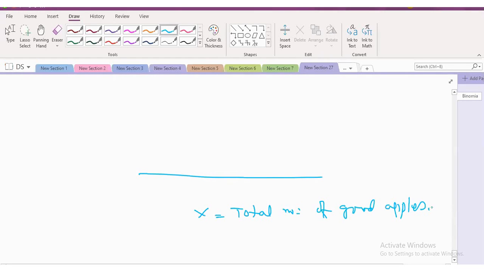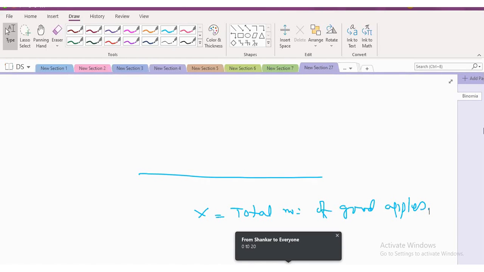Now you tell me, what different values are possible for this total number of good apples? When I'm keeping 20 apples, what are the possible values for X? 0 to 20 or 365? 0 to 20, because I may get 0 apples, 1 apple, 2 apples, 3 apples, 4 apples, like that. So this will become 0, 1, 2, 3, up to 20.